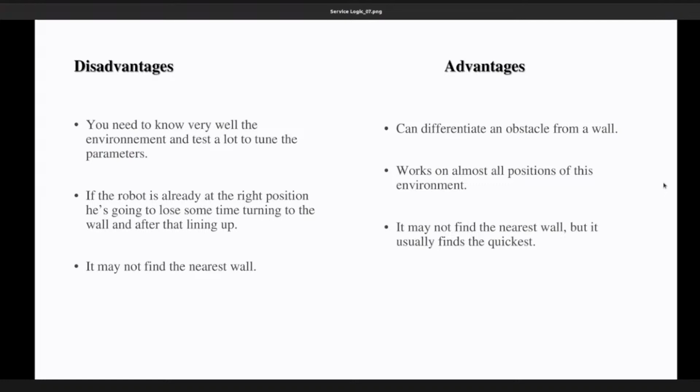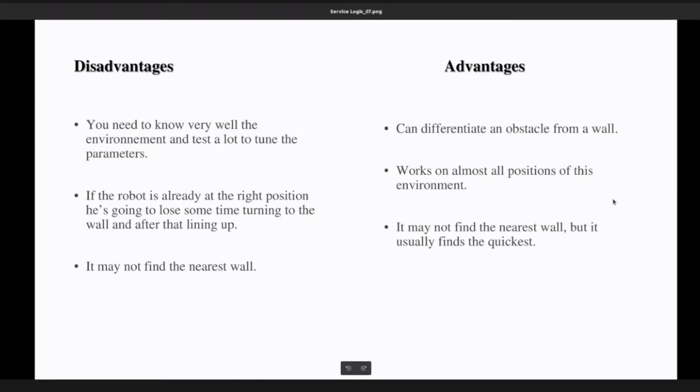So if you're facing a wall that's half a meter away, but there is another one that's 30 centimeters away, if it finds the half-meter one first, it's going to go to that one. But it'll go to a wall. Now the advantage is that you can differentiate the obstacles from a wall.